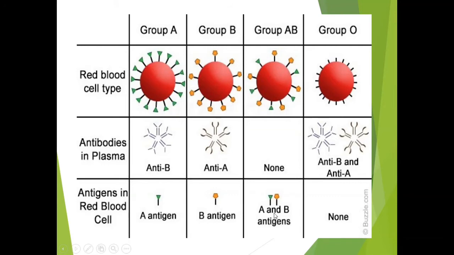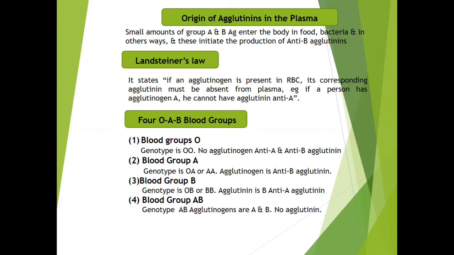How do agglutinin antibodies develop in the plasma? When a fetus is born with blood group A, for example, no anti-A antibodies would be present in that person's blood.